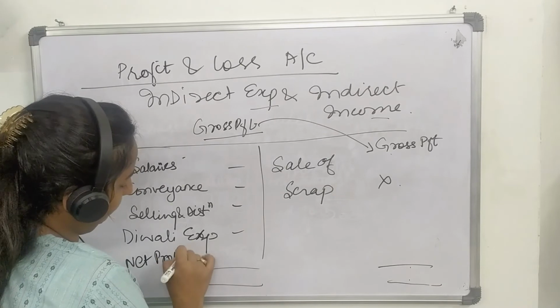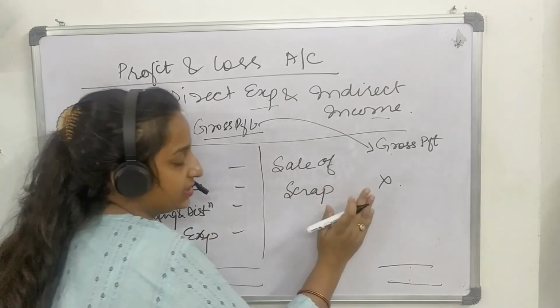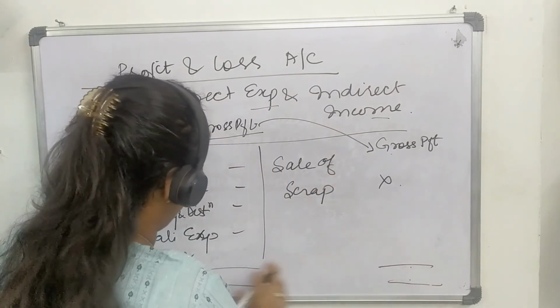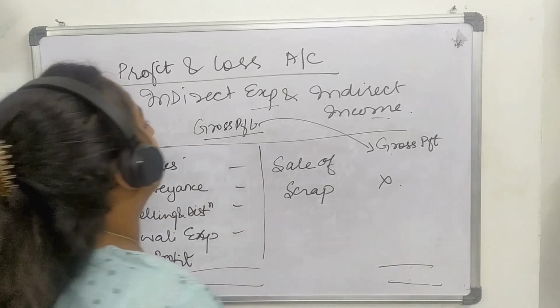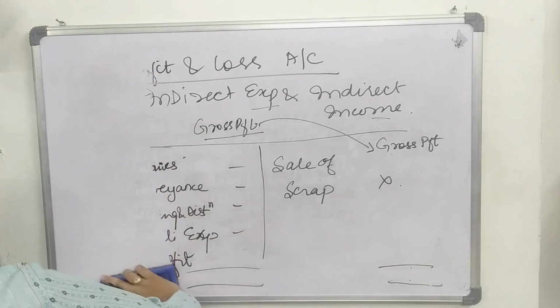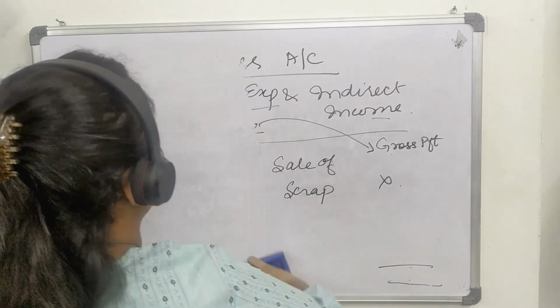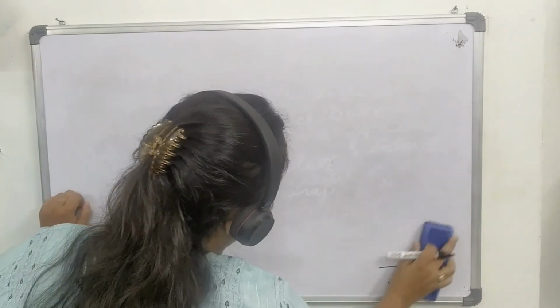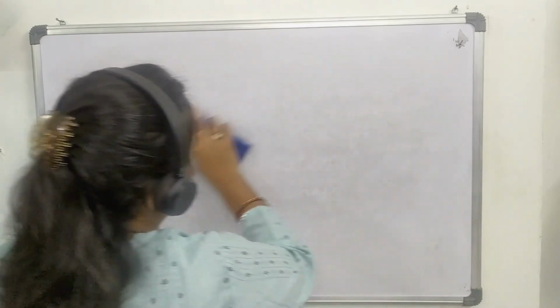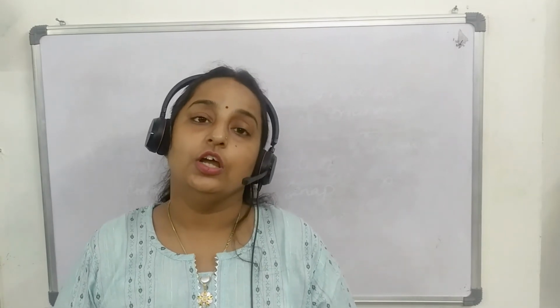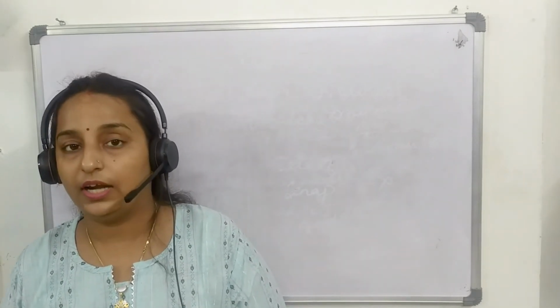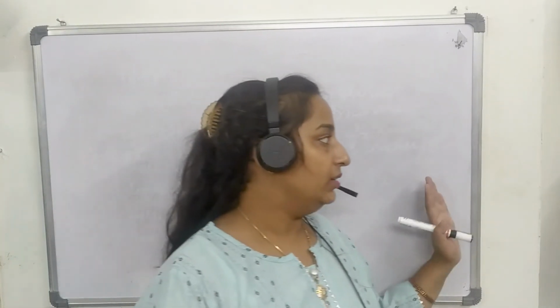And in case we have more expenses than sale, then on the credit side, we have net loss. This is what the profit and loss account is. This profit and loss account will tell you about the actual position of your organization during a year, out of all the transactions that have been carried out within the organization.